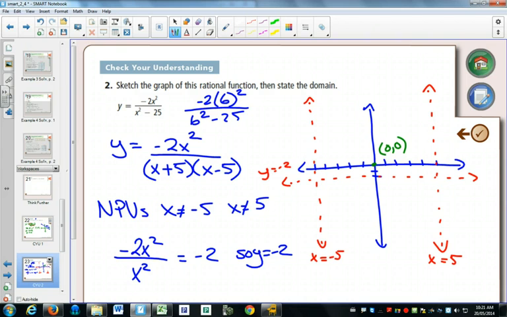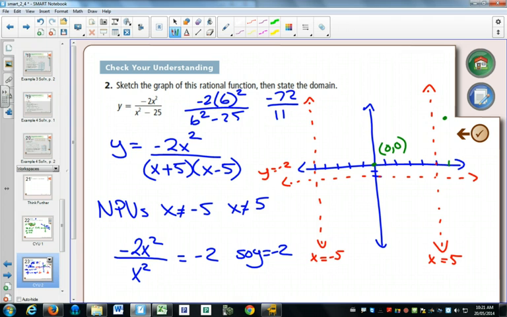So if we plug in this, what are we going to get? 36 -72 on top. And 36 minus 25 would be 11 on the bottom. That is roughly 6 point something. Okay? So as far as that goes, what you're going to do is you're going to plug it in here at 6 and estimate about where that would be.